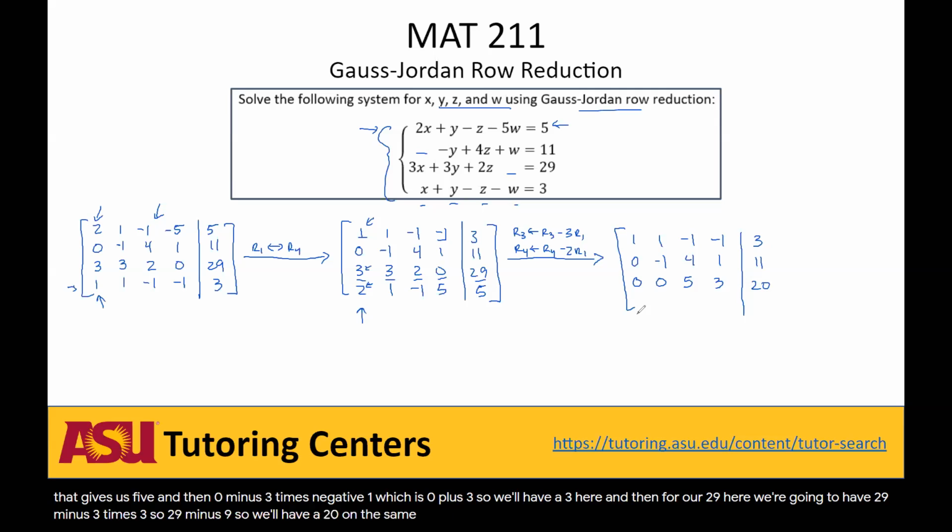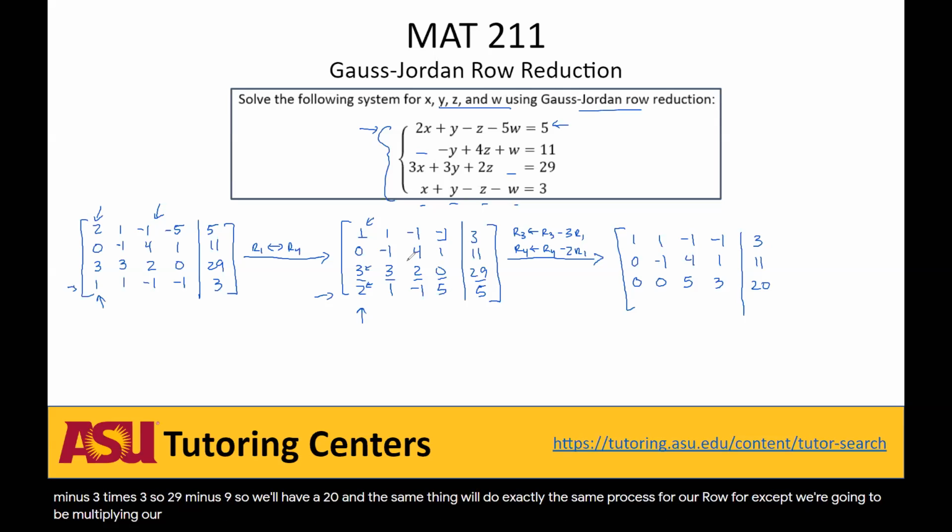And we'll do exactly the same process for our row 4, except we're going to be multiplying our row 1 by 2 instead. So we've got 2 minus 2 is 0 for the first. We've got 1 minus 2 times 1, so 1 minus 2, that's going to be negative 1.